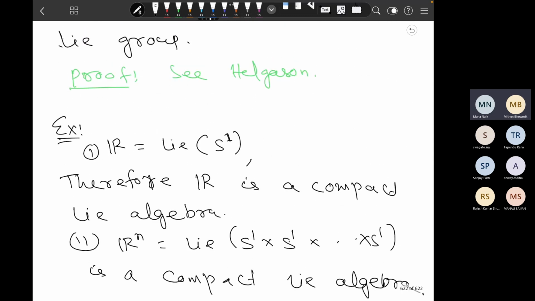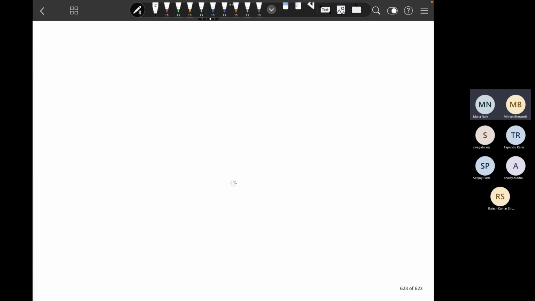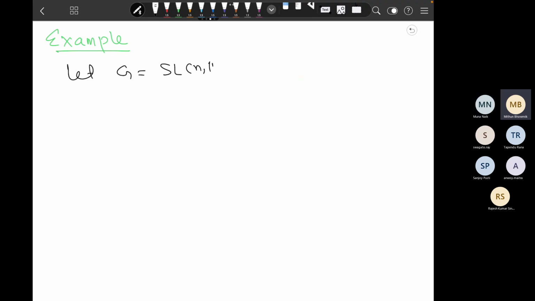Now I want to give an example of a non-compact Lie algebra. Let G be SLNR or SLNC.